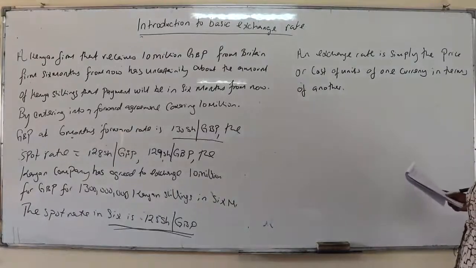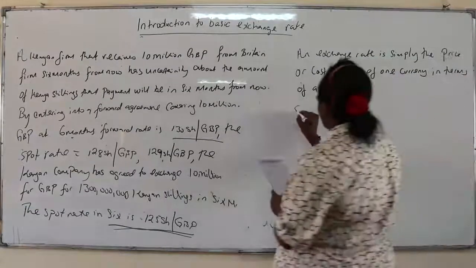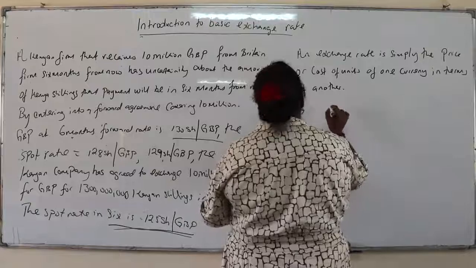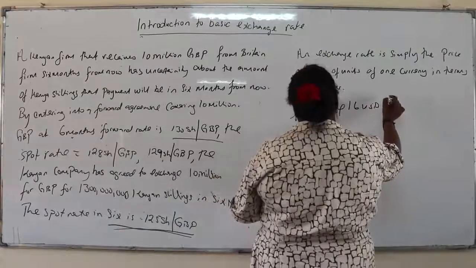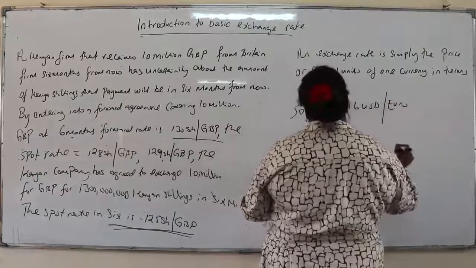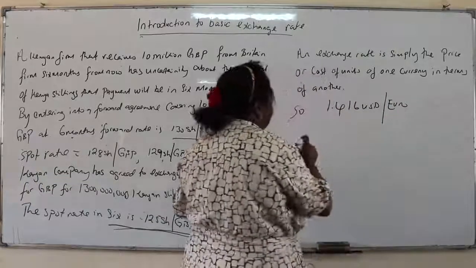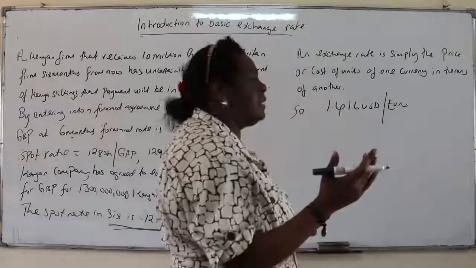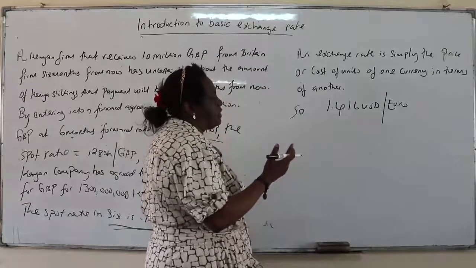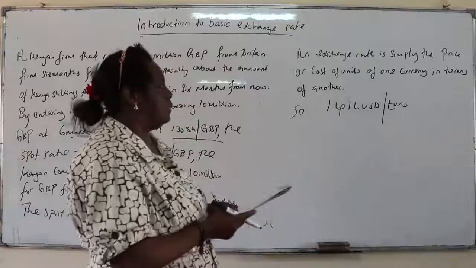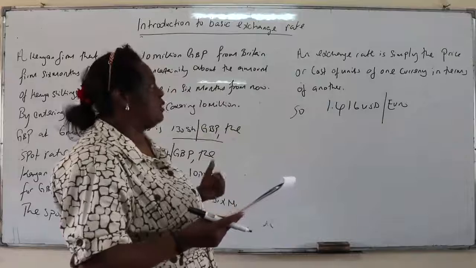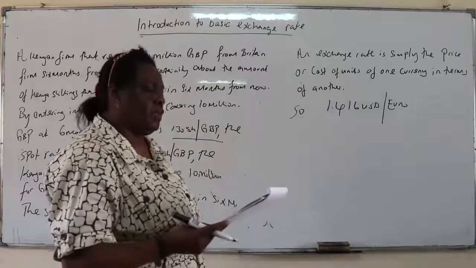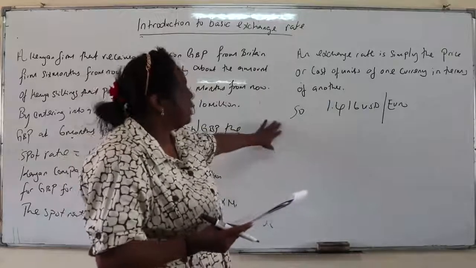Just to explain a little bit, let me say 1.416 US dollars per euro. What does that mean? I'm just trying to see if you have understood how we interpret the cost of one currency in terms of another.